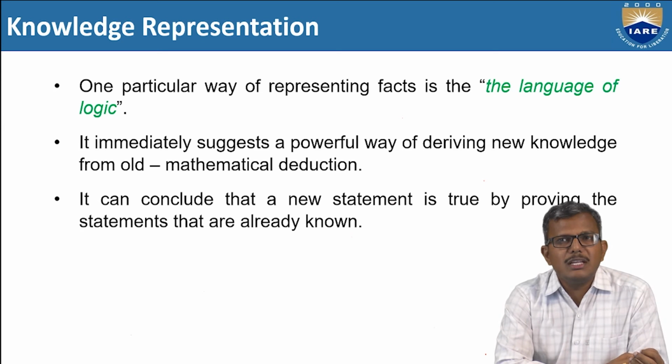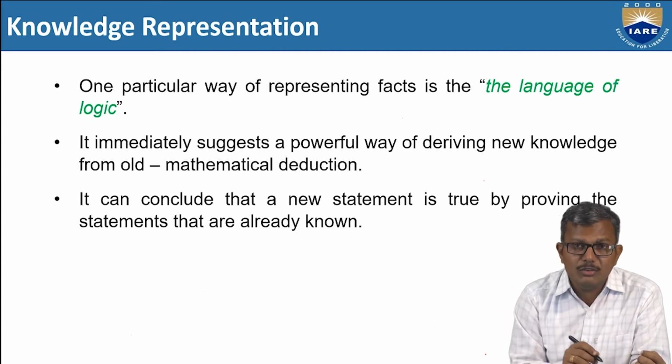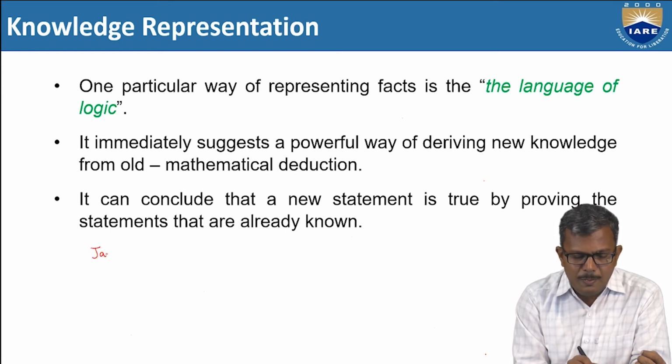It can conclude that a new statement is true by using the statements that are already known. Just now we have seen one particular example. James is intelligent and James is hardworking. Okay, with these two sentences, I can write one more inference also. One more proposition I can write. How will it be?